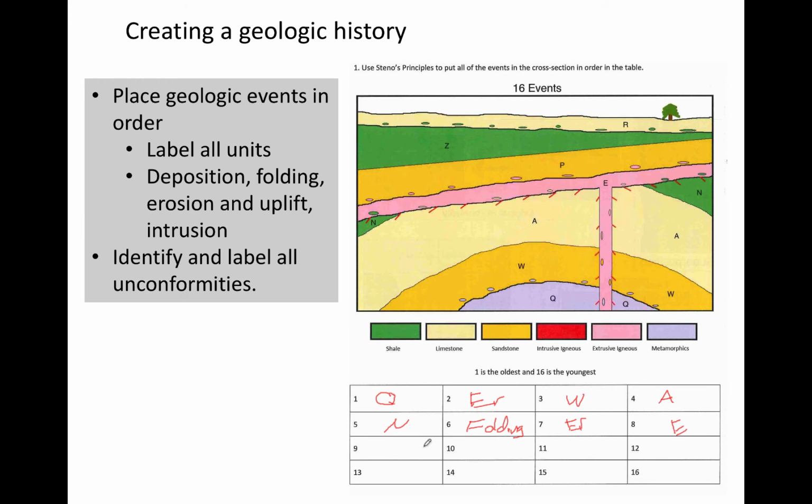I wouldn't necessarily say it comes right after E. It could be associated with E, which would be contact metamorphism. Followed by erosion again, because we see inclusions up here of E in P. So we know that we have erosion.